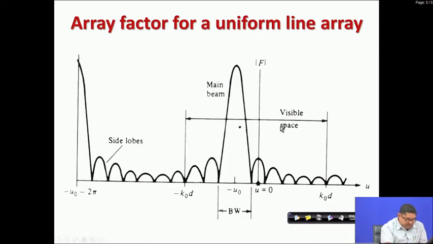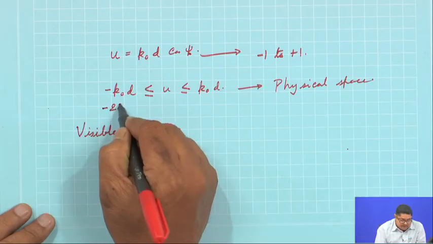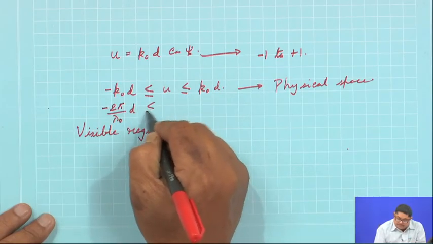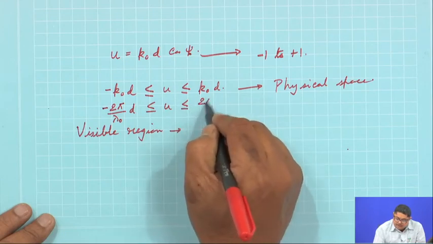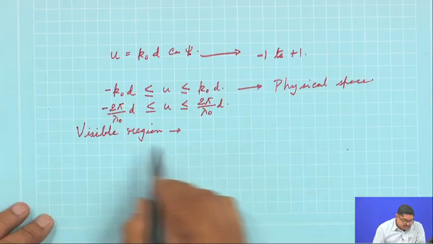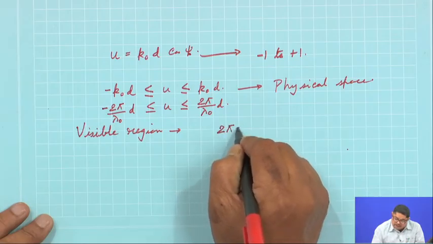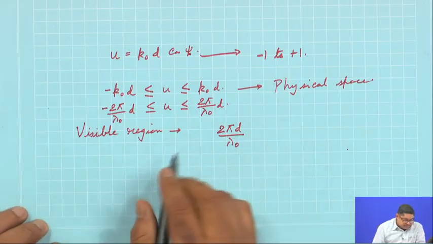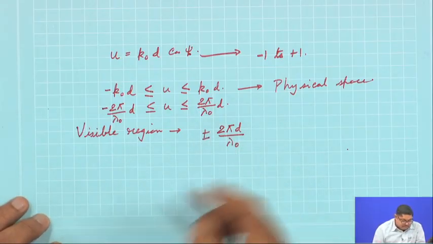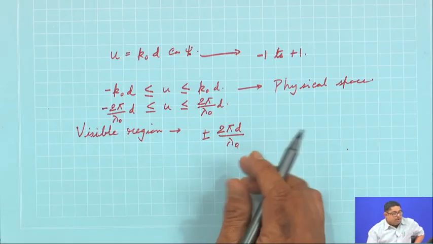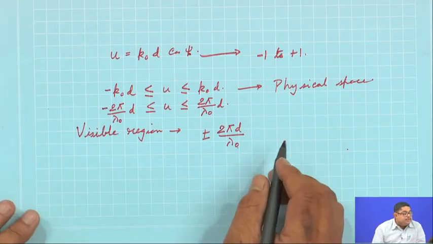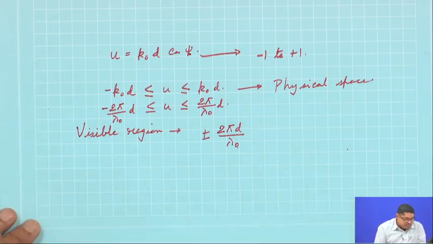To avoid grating lobes, we choose the spacing d small enough, so that the total region of 2 pi d by lambda naught on either side of u naught does not include another main lobe.